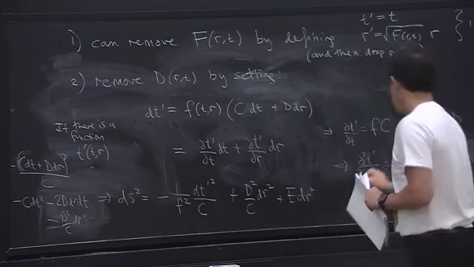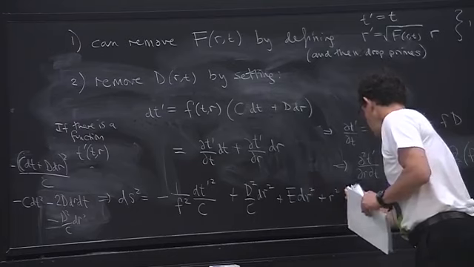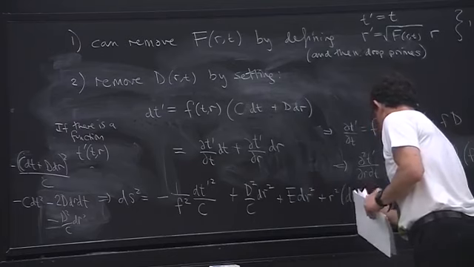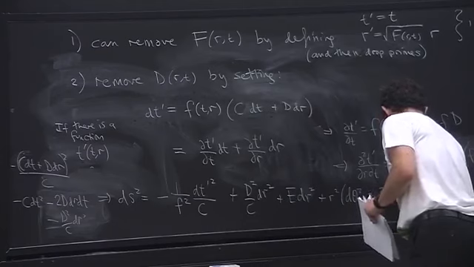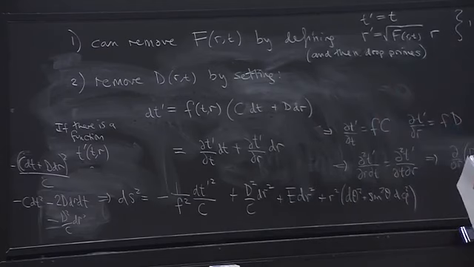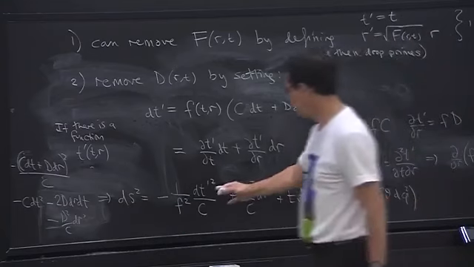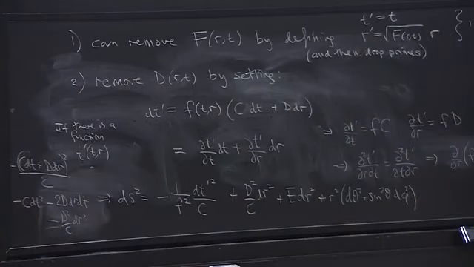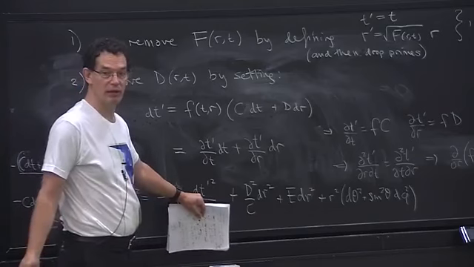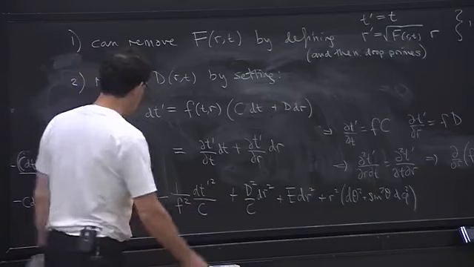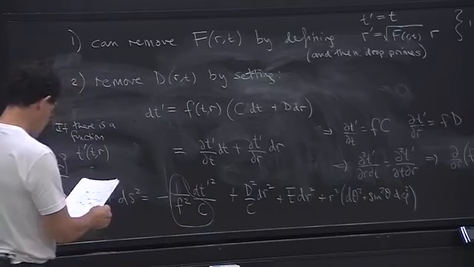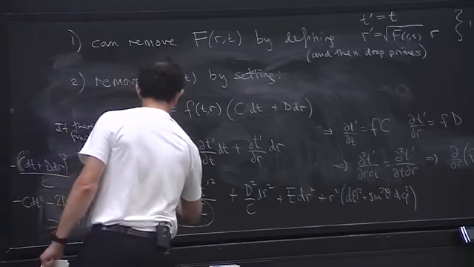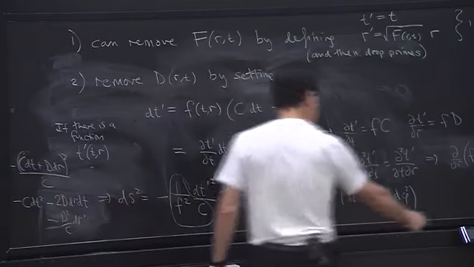And then I had everything else, plus r squared d theta squared plus sine squared theta d phi squared. Okay, so I've shown that the original metric is equal to the new metric, but with no cross term. I just had to redefine the time. And now I'll just redefine all of this to be a. This is going to be some other function.